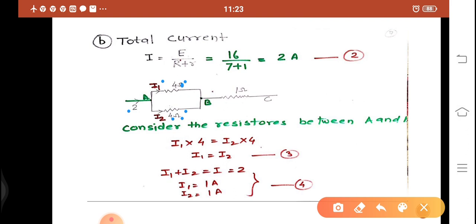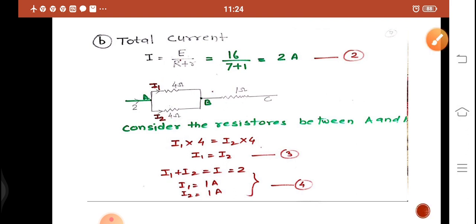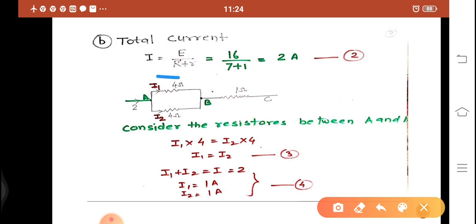These two 4 ohm are in parallel. So when they are in parallel, potential difference across here and here will remain same. And that potential difference will be I1 into 4 and I2 into 4.